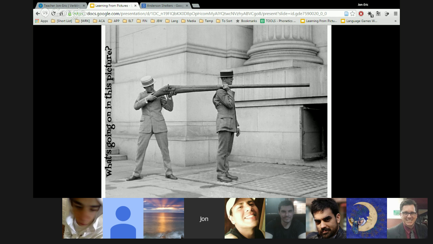So aiming as a verb is aligning the gun with the target. So he's aiming the gun. He's aligning it. Why am I spelling align wrong? Sorry, give me just a second to get align right. Yes.